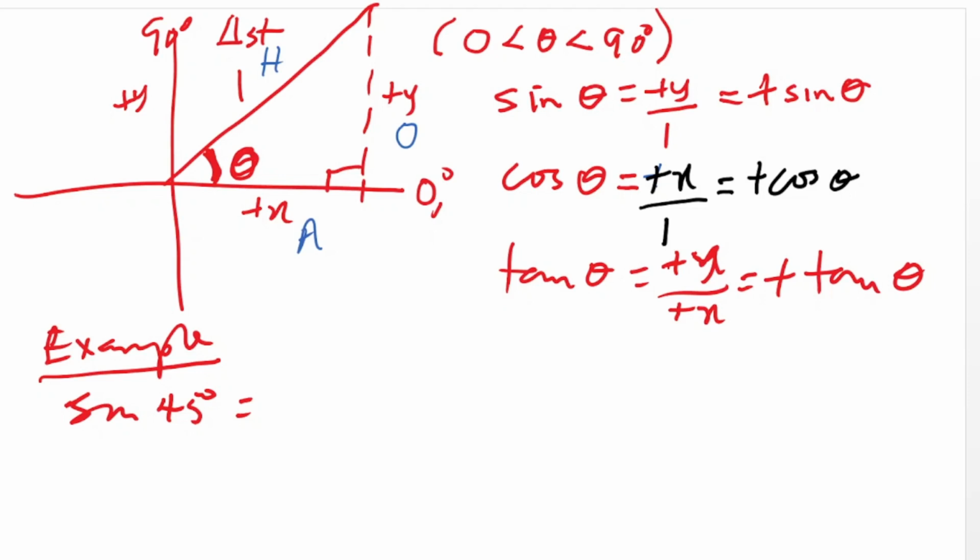If you can't get it, you can go to your calculator and get sine 45 degrees, which will give you 0.7071. So I hope that is very clear. The same thing applies if you look at cos of angles that are less than 90 degrees. I hope this is very clear.